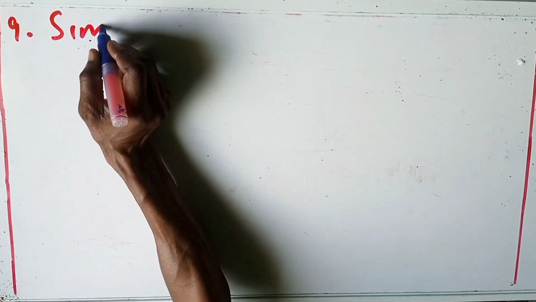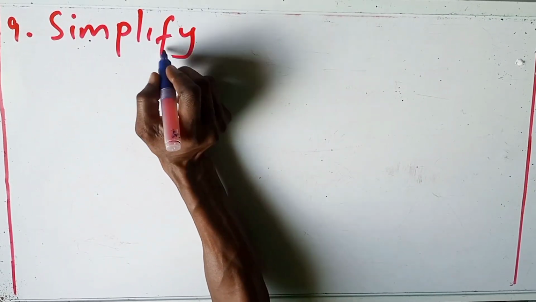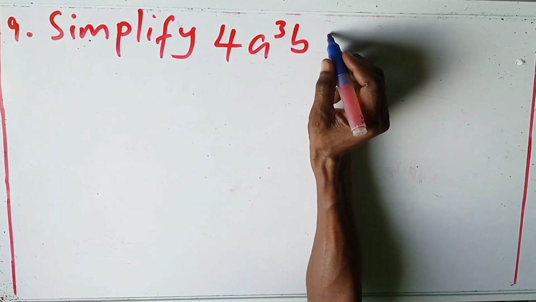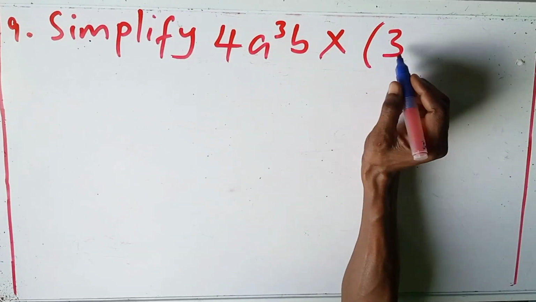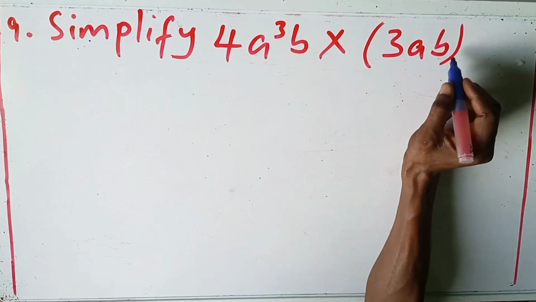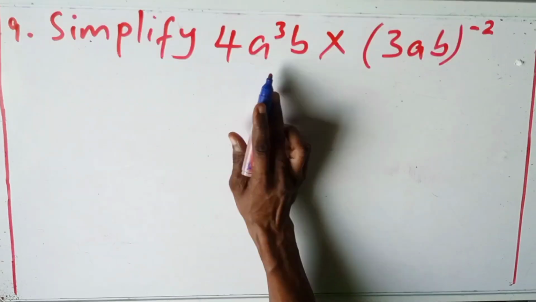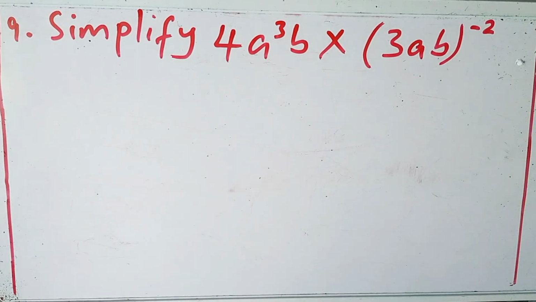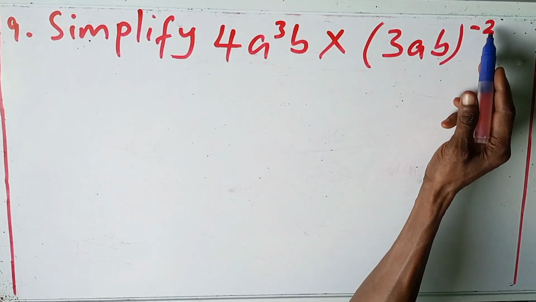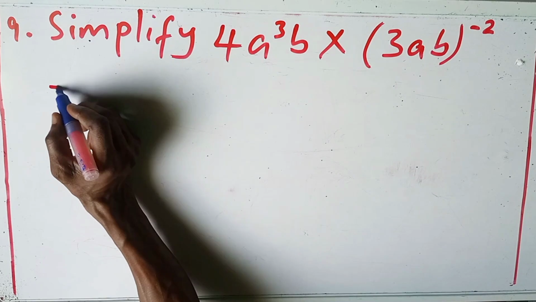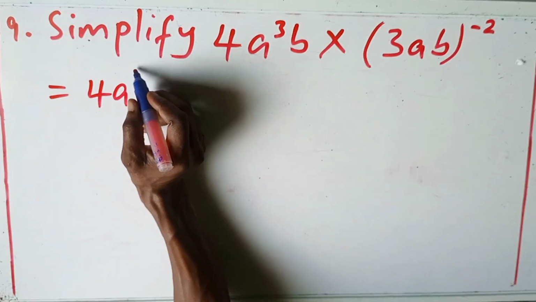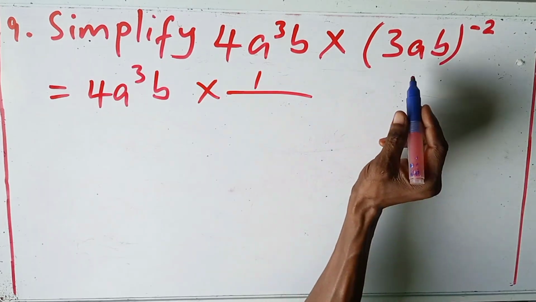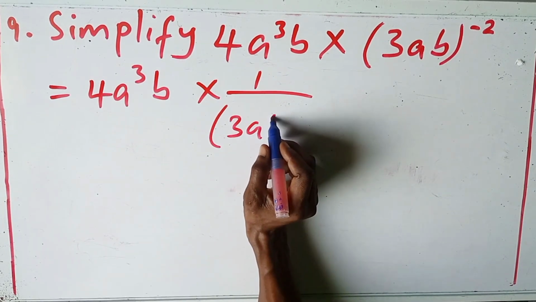The next one, simplify 4a raised to the power 3b times, in bracket, 3ab raised to the power minus 2. As you can see, 3ab is in bracket, so minus 2 is affecting everything in the bracket. So 4a raised to the power 3b times 1 over 3ab in bracket raised to the power 2.